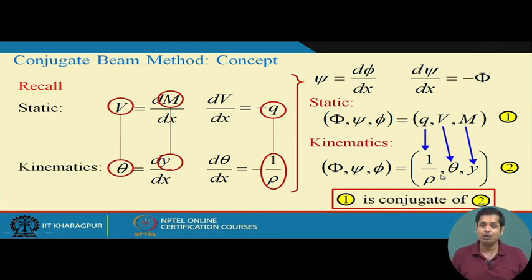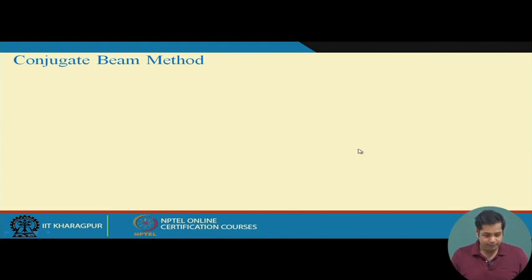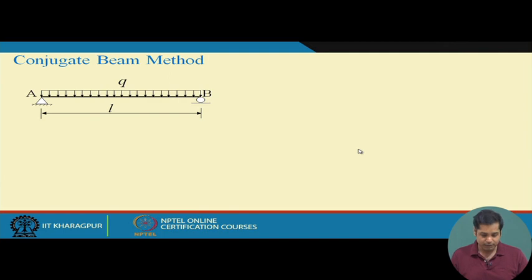This is the concept behind conjugate beam method. We demonstrated one small example, a simply supported beam subjected to uniformly distributed load. That was the problem we discussed in the last class.